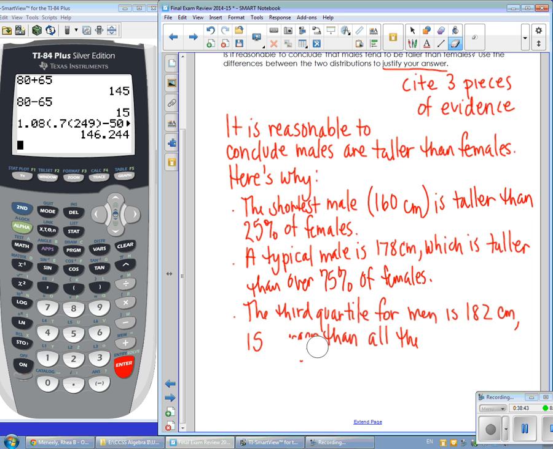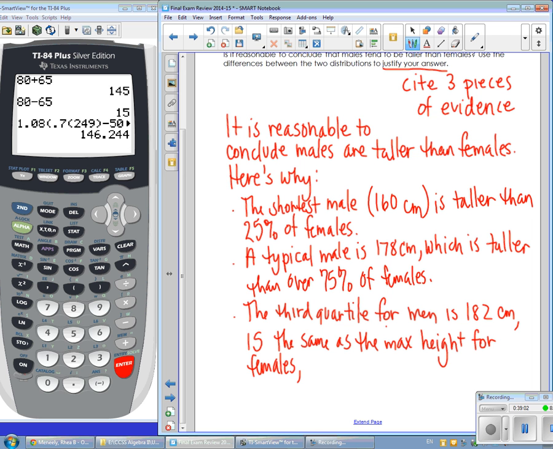It's probably more accurate to say that. So 25% of the men are taller than all of the women.